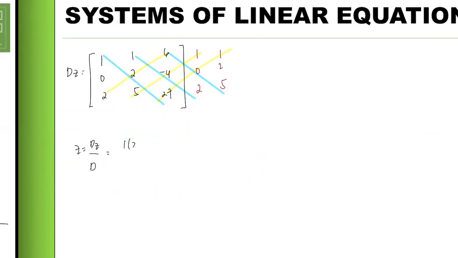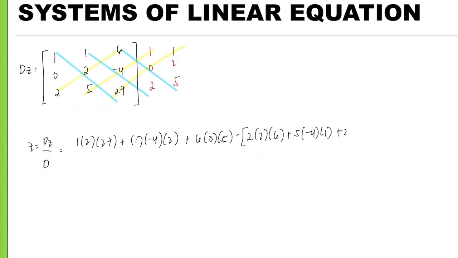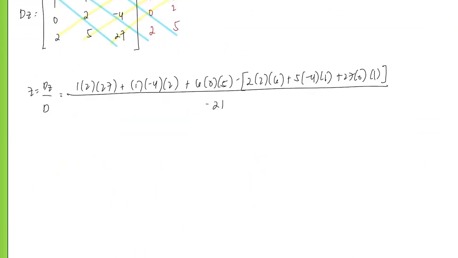This is 1 times 2 times 27 plus 1 times negative 4 times 2 plus 6 times 0 times 5 minus 2 times 2 times 6 plus 5 times negative 4 times 1 plus 27, 0, and 1. Okay? Tapos divide natin lahat by negative 21.